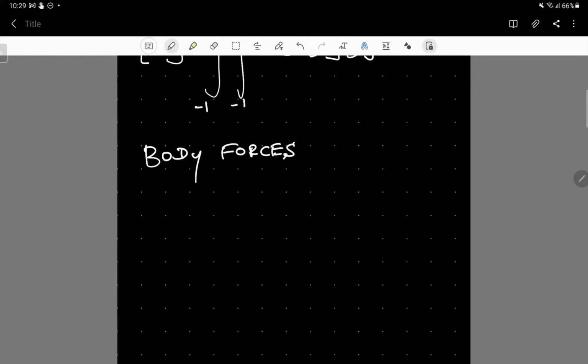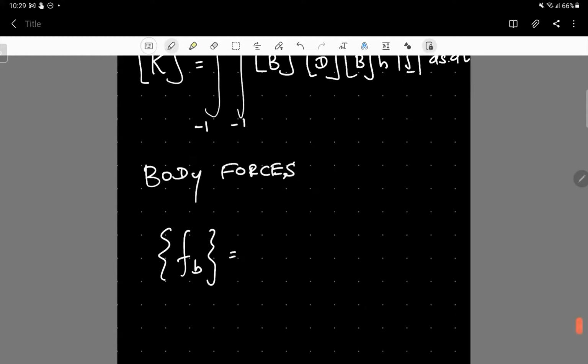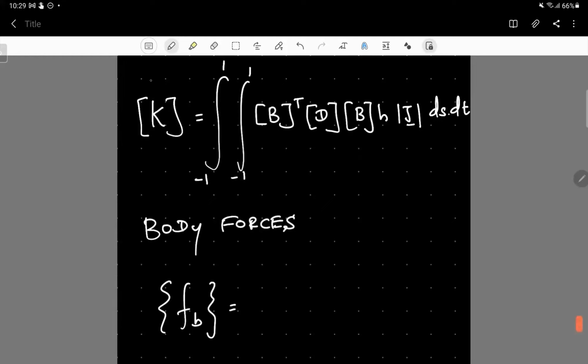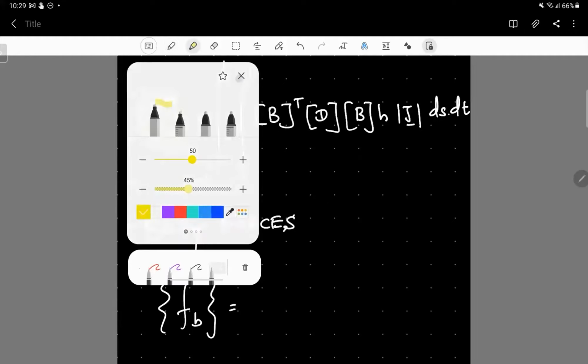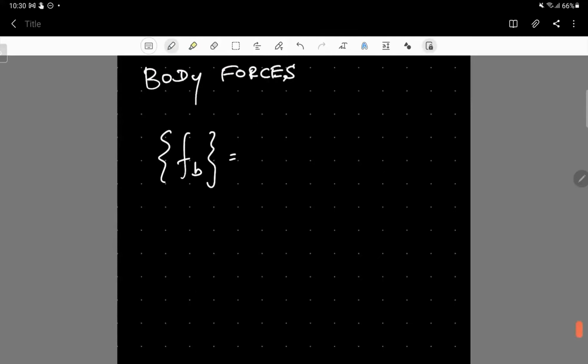The element body force matrix FB can be obtained as follows. We need this because the stiffness matrix K is related to body forces, since F is equal to K times D. So we need to evaluate the body forces.